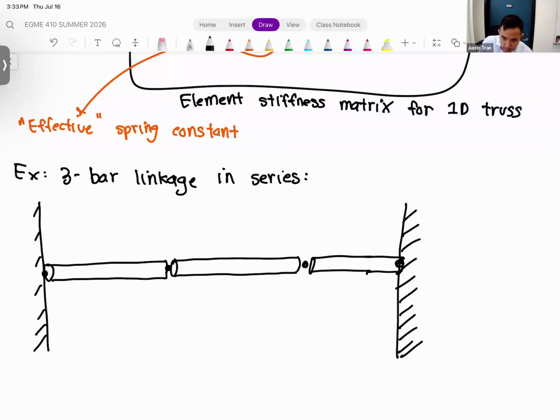Okay, so those are our 3 bars. They're all connected to each other just like that. Let's go ahead and label them. The first element will be element A, the second will be element B, the third will be element C.